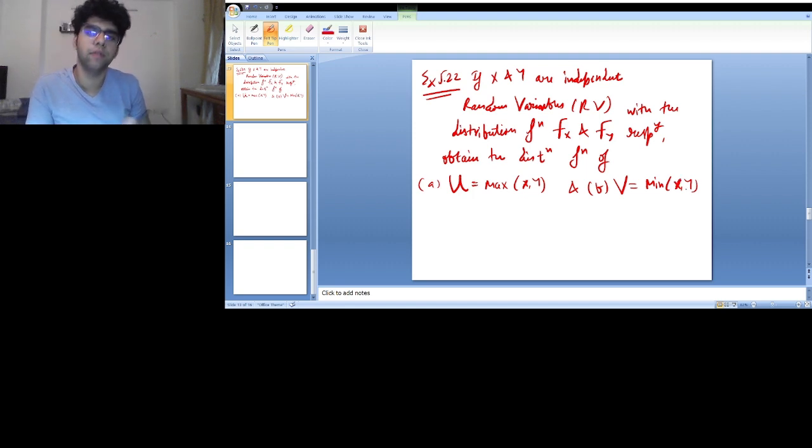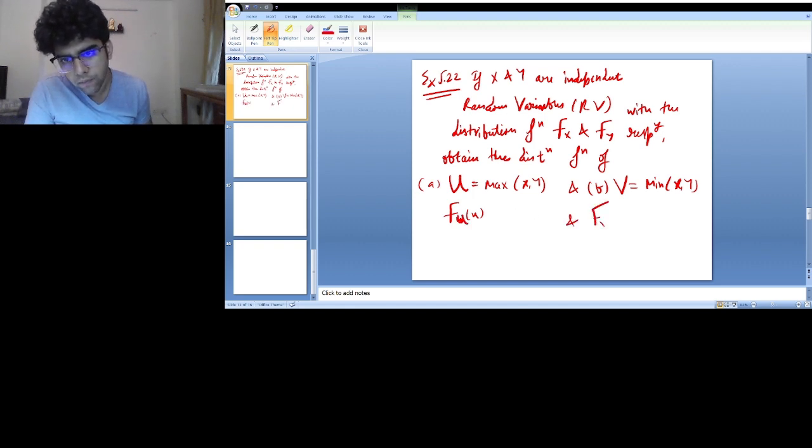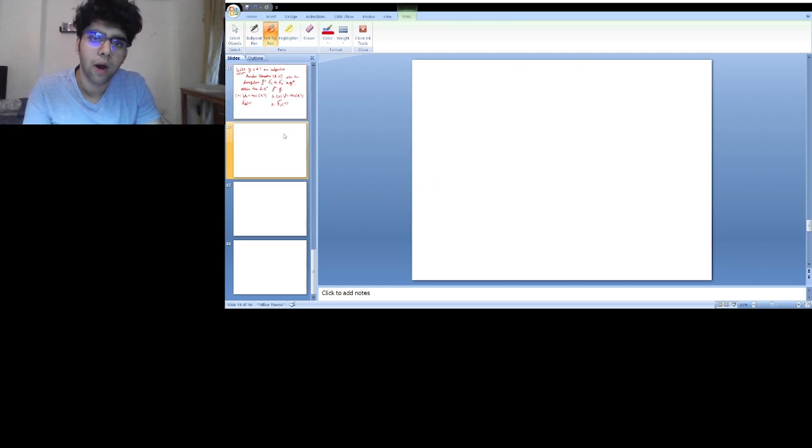CDF is the cumulative distribution function, or we can also say the distribution function only. So we need to obtain the distribution functions of U and V. So we need to find F of small u, this is capital U, and we need to find this and this. So let's start from part A.